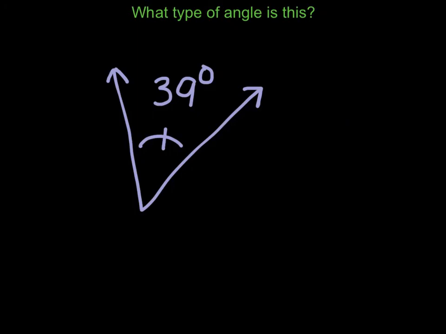Is this a reflex angle? No, because it's not between 180 and 360 degrees. Is this an acute angle? Yes, it is, because it's between 0 and 90 degrees. This is an acute angle.